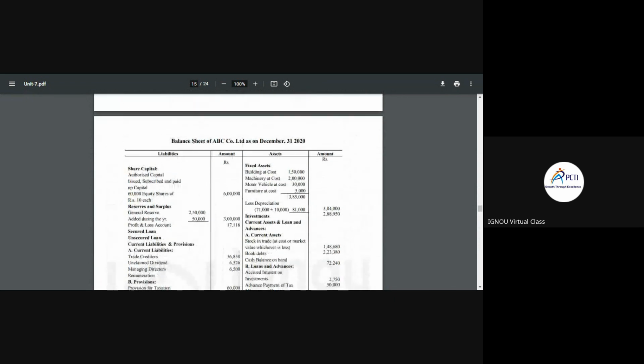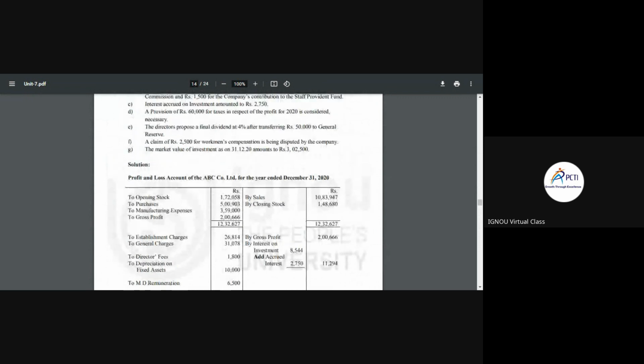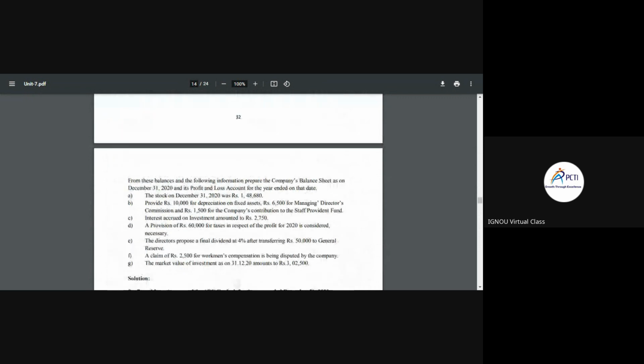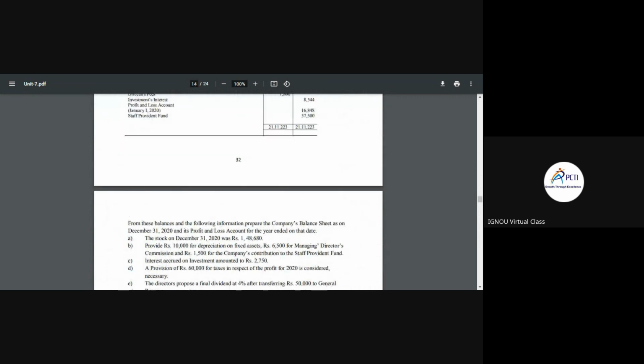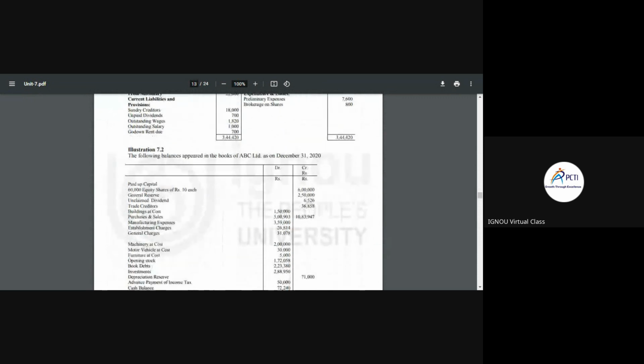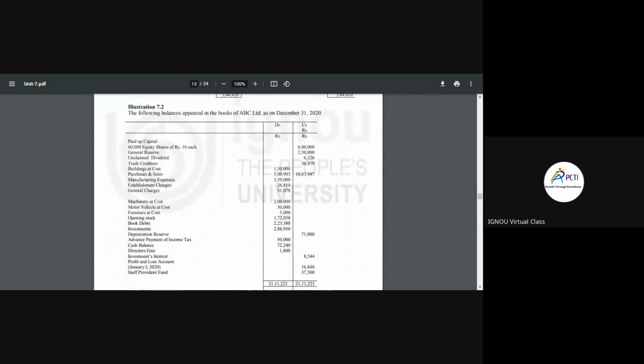Let's solve one illustration. I'll make you understand how you need to do it. Let's take illustration 7.2.